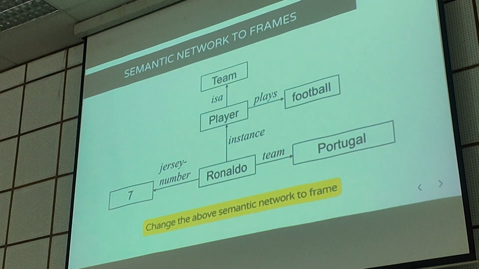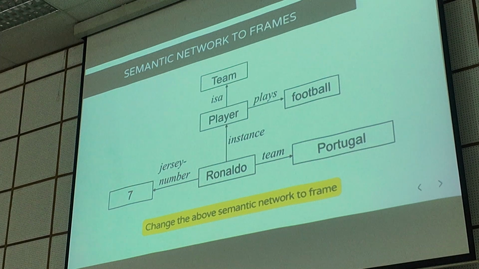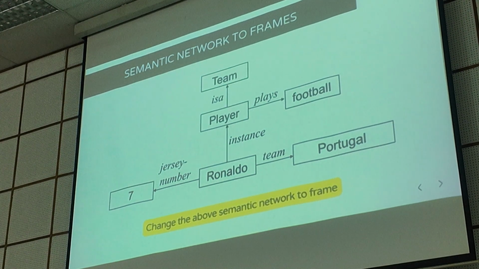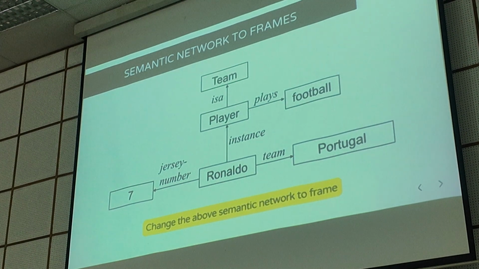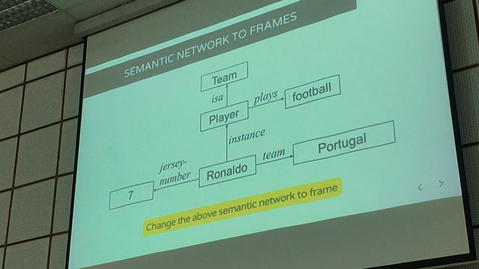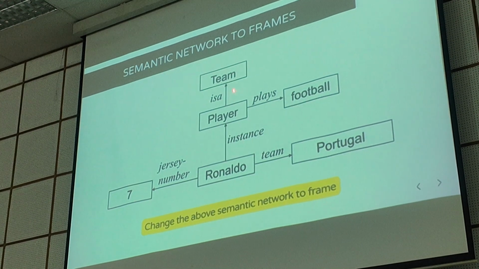Okay, so we have a few more slides here before we end the class. Assuming that you have a semantic network, how do you change it into frames? This is one of the famous types of questions. You have a semantic network, so how can we convert it into frames? How to convert is pretty simple. You just need to identify how many frames we need to generate based on the keywords instance and is-a.